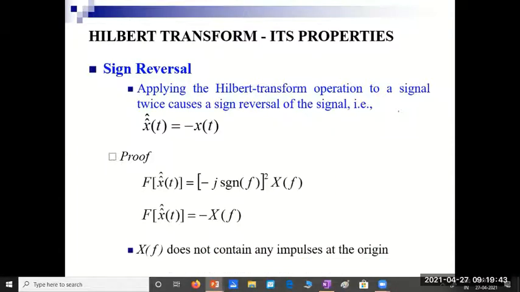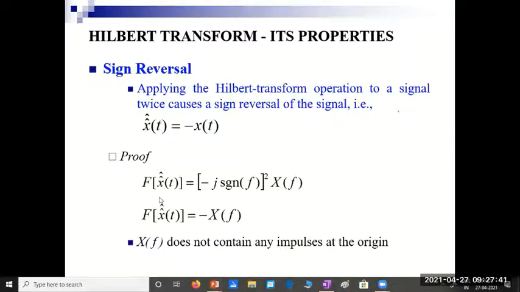So you can just read through this proof. In terms of equations, we are trying to find the Fourier transform of the double Hilbert transform of the given signal x of t. In the frequency domain, it will be minus j signum of f whole square into x of f.